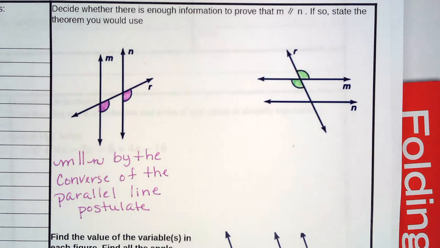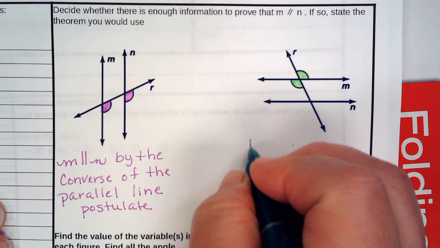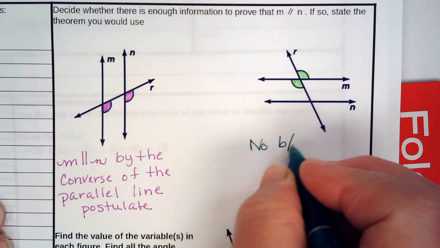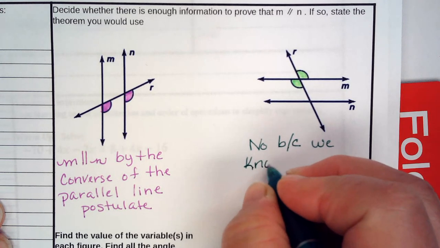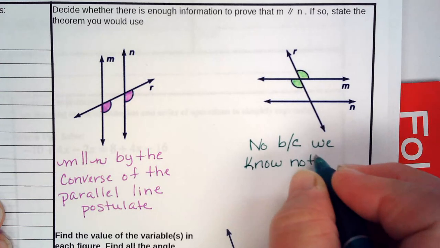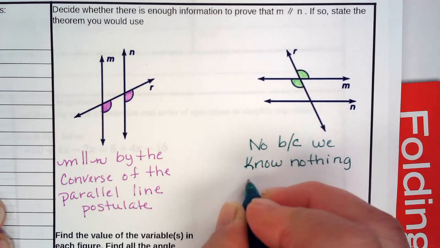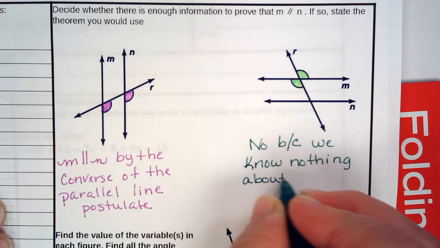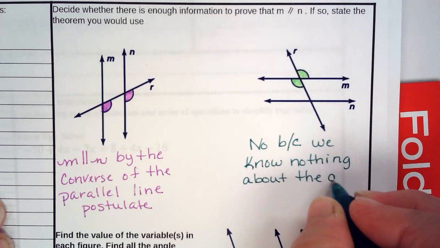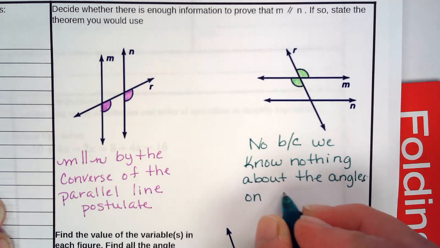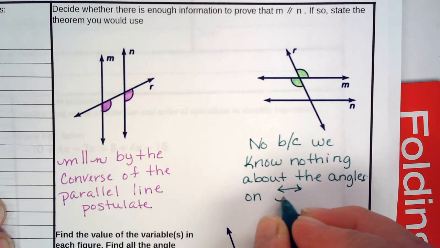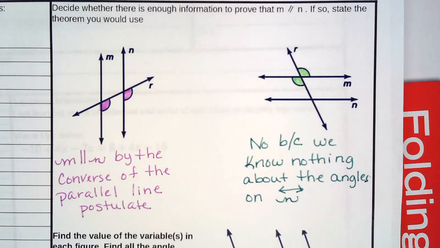So in this case, there's not enough information because we know nothing about the angles on line N. So, in the first case, corresponding angles, and yes, it is parallel.